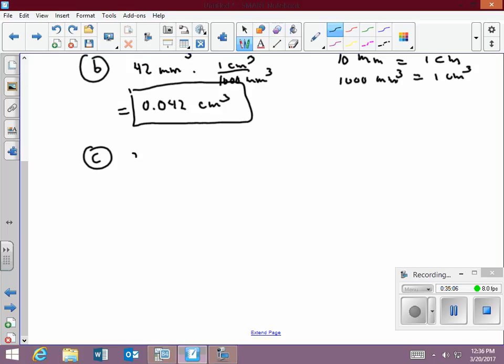So they got 2.3 meters cubed, and they want it in yards cubed. What are your common relationships? If you look in the back of the book, it has the relationships.